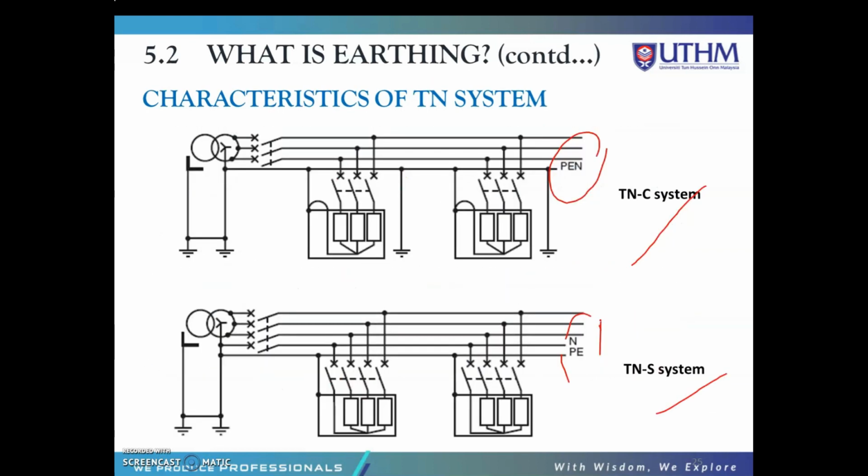So the characteristics of this TN system: it requires the installation of earth electrodes at regular intervals throughout the installation. It requires that the initial check on effective tripping for the first insulation fault be carried out by calculations during the design stage, followed by mandatory measurements to confirm tripping during commissioning.